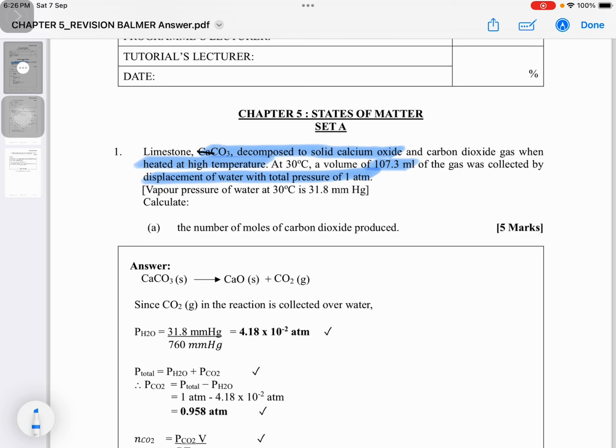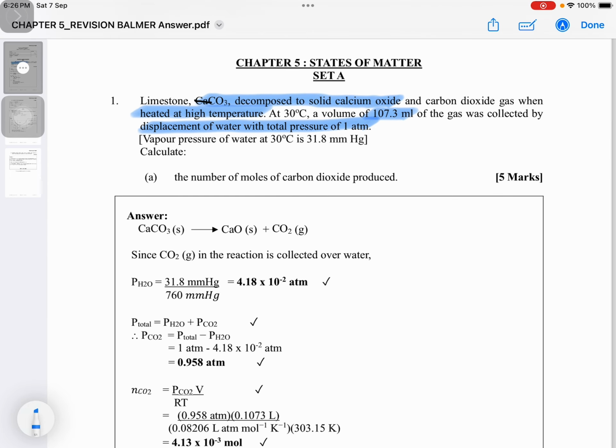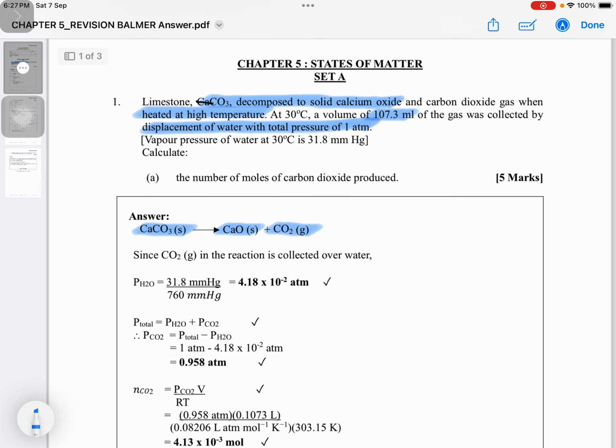The given vapor pressure of water at 30 degrees Celsius is 31.8 millimeter mercury. Calculate A, the number of moles of carbon dioxide produced. From the balanced equation, CaCO3 decomposes to CaO and carbon dioxide. Since carbon dioxide in the reaction is collected over water, the gas collected here is carbon dioxide.